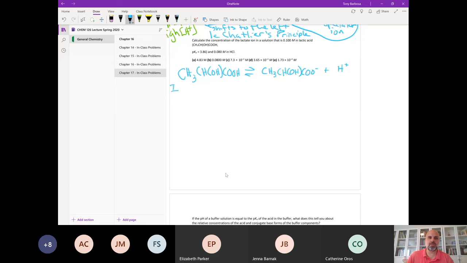Lactic acid is 0.100 molar minus x. The conjugate base starts at 0, plus x.